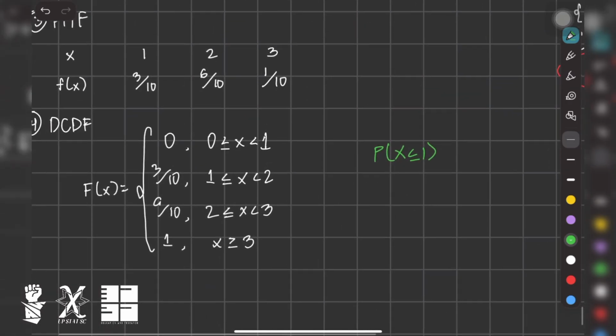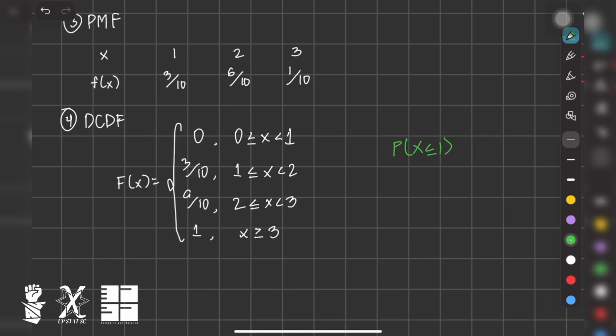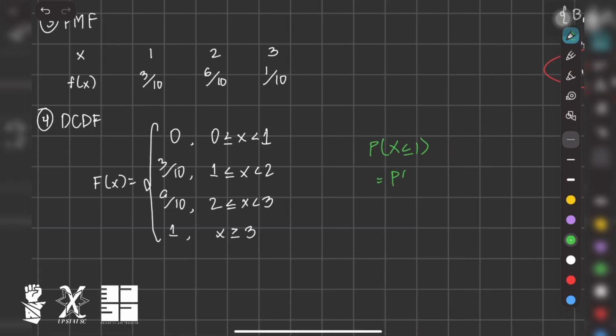When we relate it to the probability mass function, it's easier to understand. The probability that your random variable is less than or equal to 1 is basically adding up the probabilities that your mass point is equal to 0 and equal to 1, because those are the natural numbers that are less than or equal to 1.